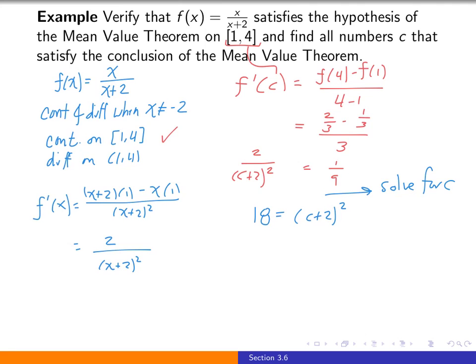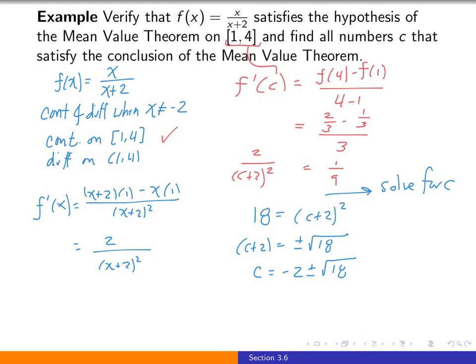And to solve for it, let's just go ahead and take the square root of both sides. So we'll say C plus 2 is equal to plus or minus the square root of 18, so that C is equal to minus 2 plus or minus the square root of 18.